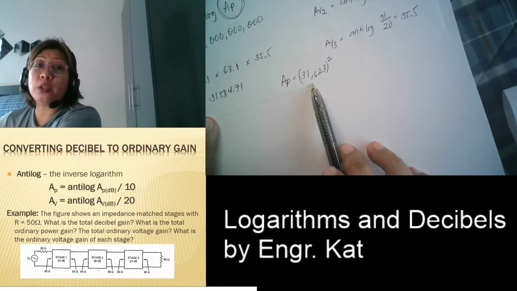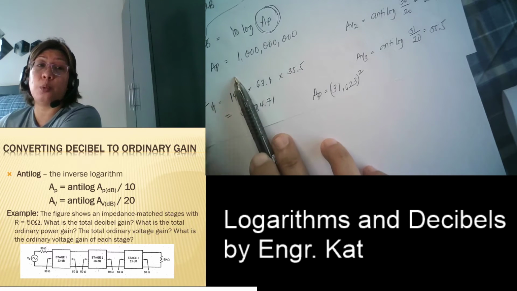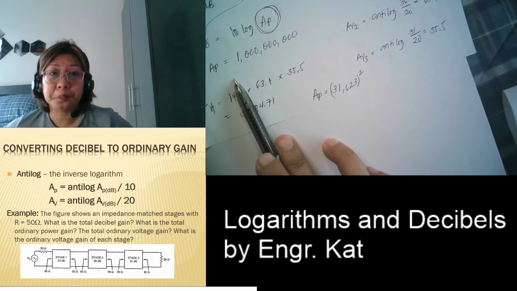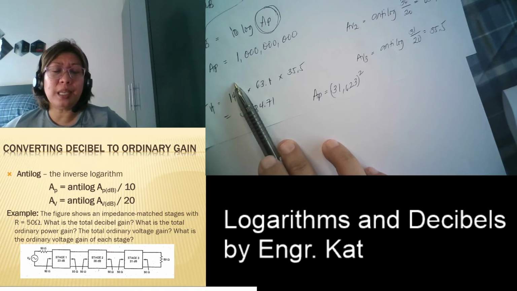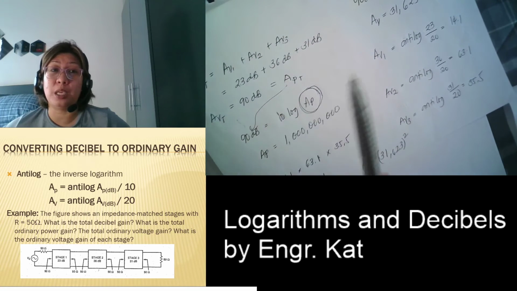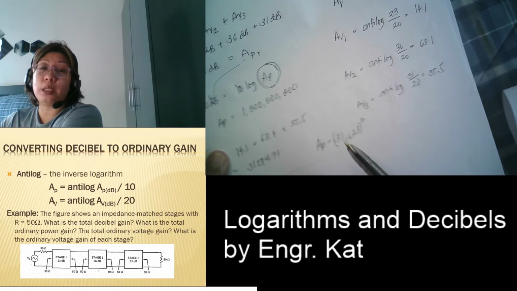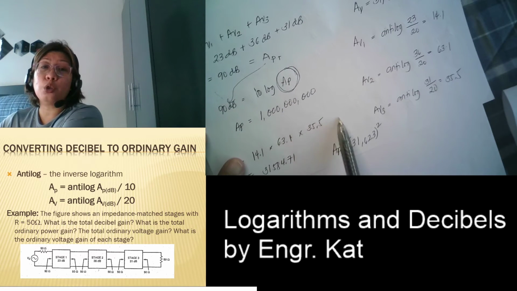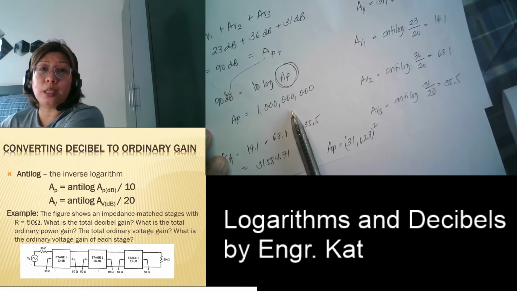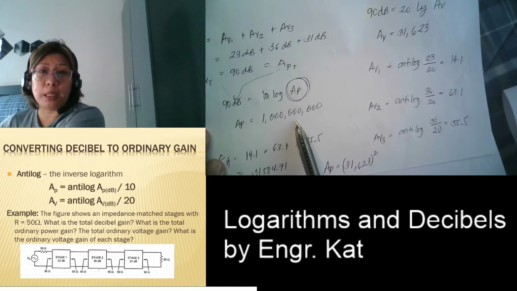So if you square 31,623, that will give approximately 1 million. We just didn't get the exact value because we're rounding off, but it is approximately equal.